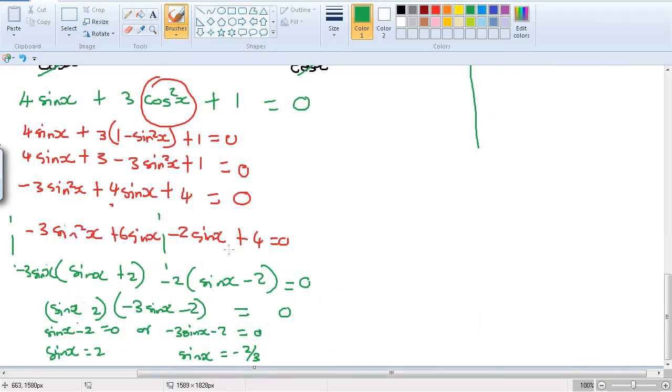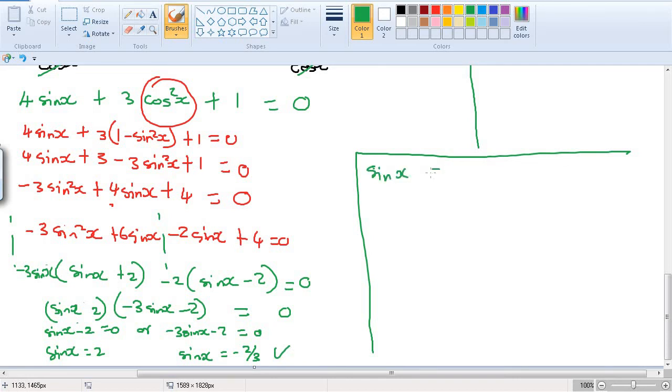So we can go back to this problem, but now we're just going to start from our solution here. So sin x equal to minus 2 over 3. We're just going to replace x with 2x minus 20. So sin of (2x minus 20) is equal to minus 2 over 3.